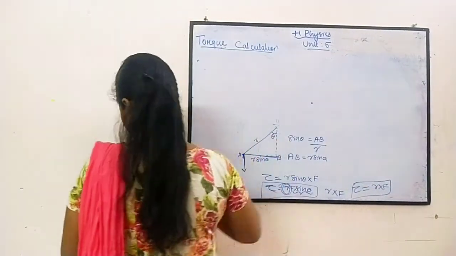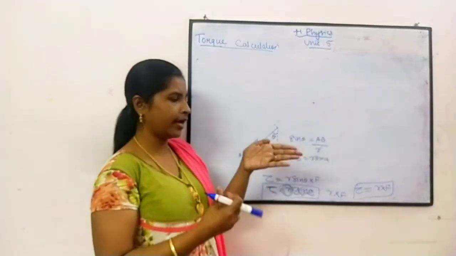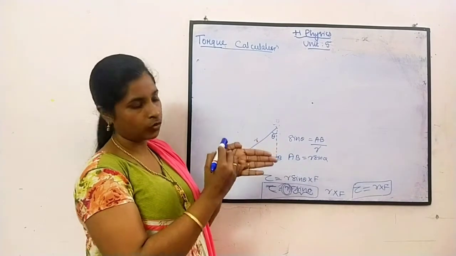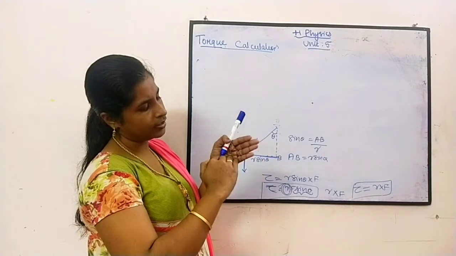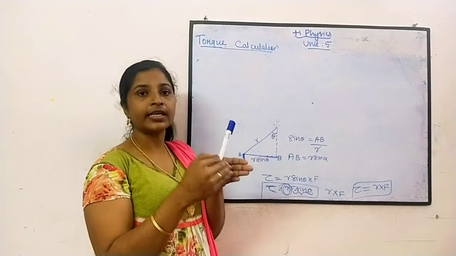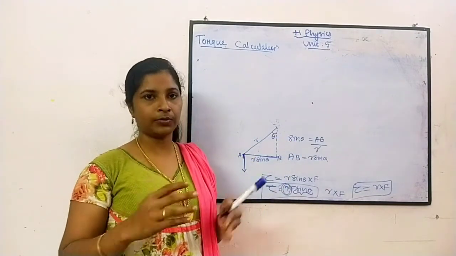Suppose you imagine this is a plane, and F is acting in this direction. The perpendicular distance is in this direction, and definitely the torque will be in this direction. All three will be mutually perpendicular to each other.